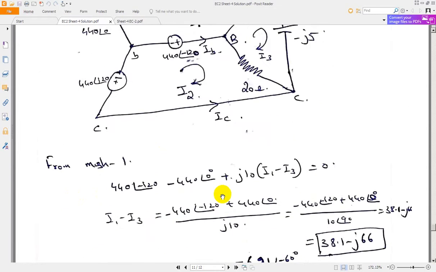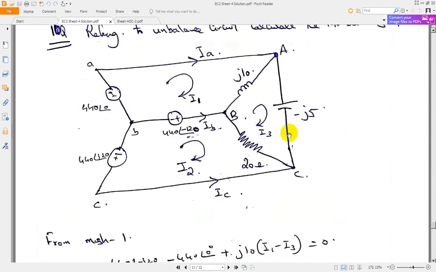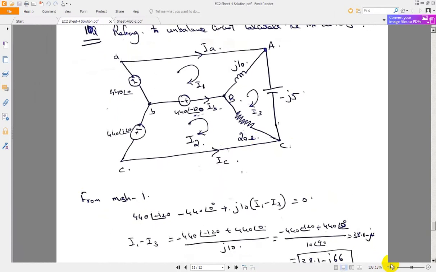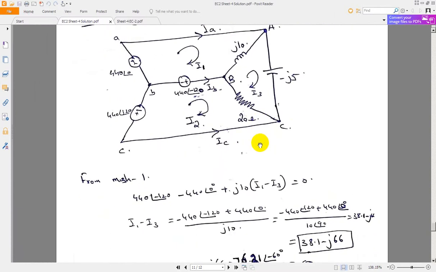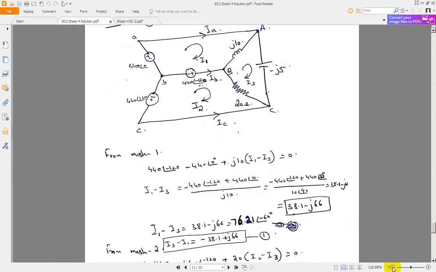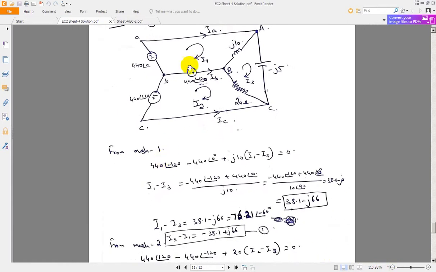Coming to mesh 2, this is your mesh 2. Under mesh 2, you can write the equation starting with plus 440 at an angle of 120, then minus 440 at an angle of minus 120.